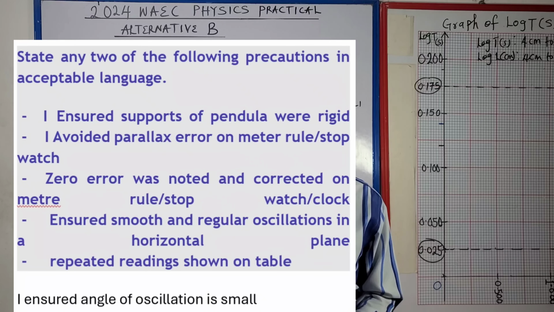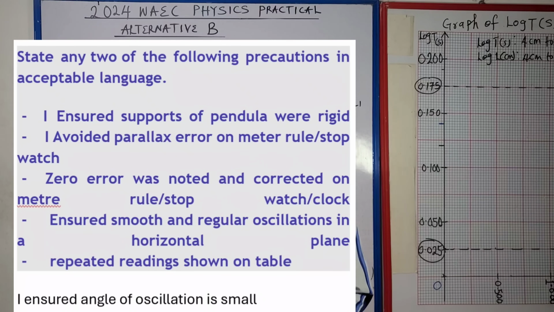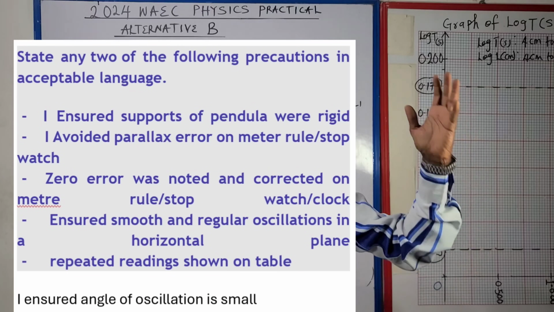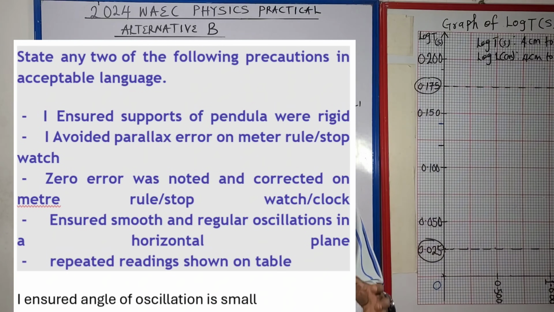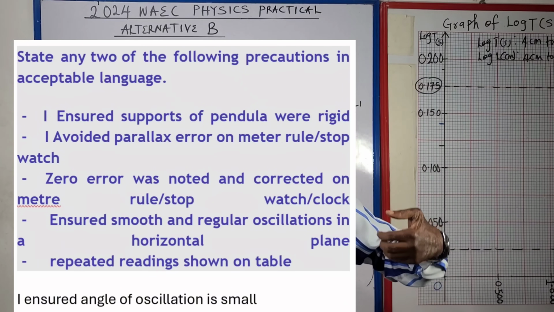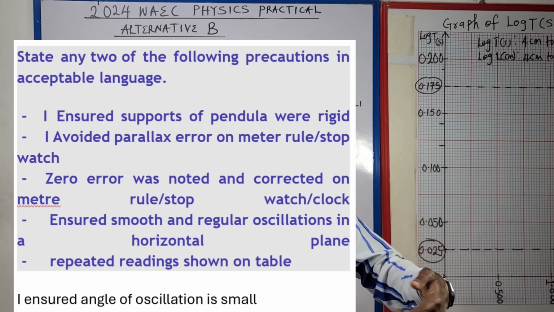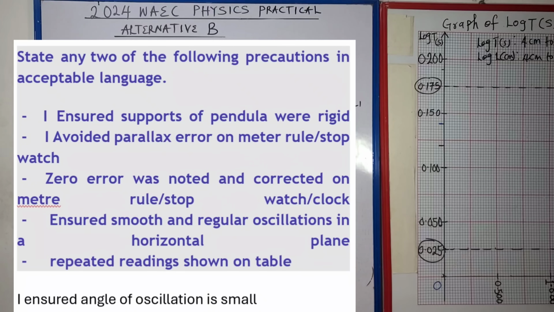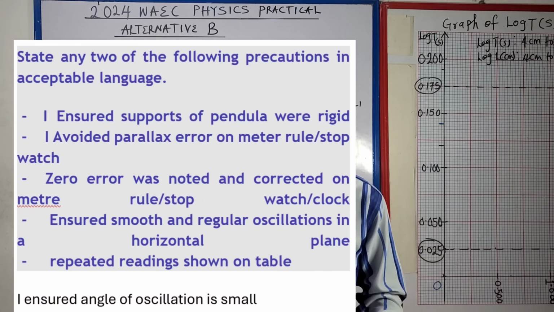You avoid error due to parallax in taking your reading on the meter rule and also on the stopwatch. You also ensure that the support, the two rotor stand, is rigid and balanced, and also you ensure that the angle of oscillation is a small angle, not a very large angle. And that's just about that.